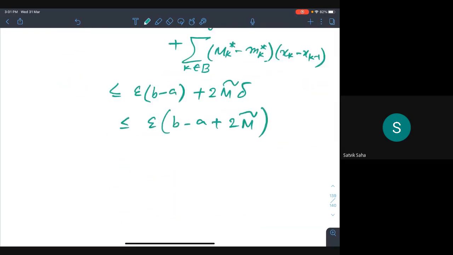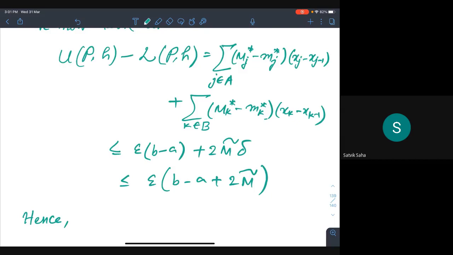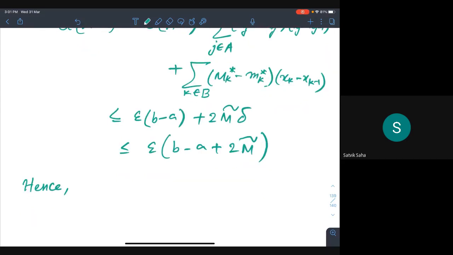Hence, by the previous theorem, there exists a partition P such that the upper sum minus lower sum becomes less than epsilon times something. So hence h is Riemann integrable.